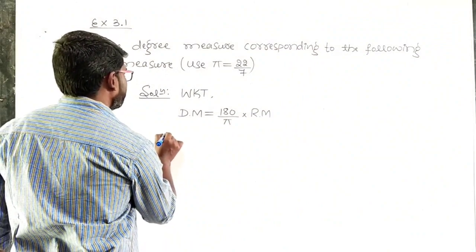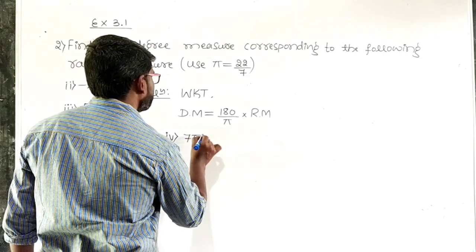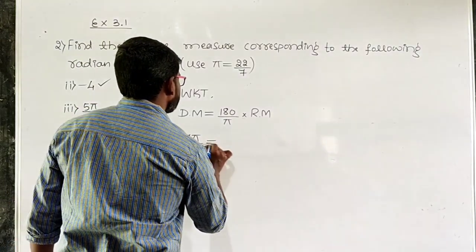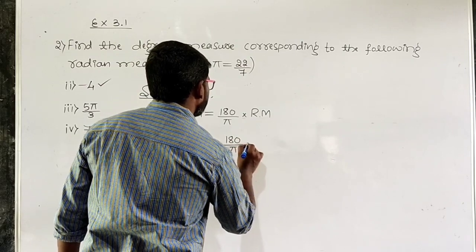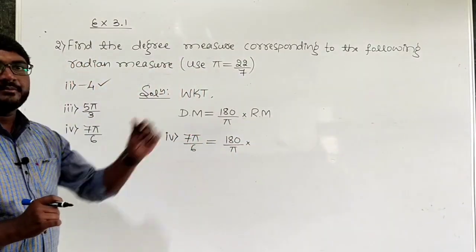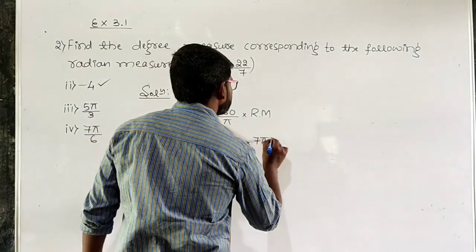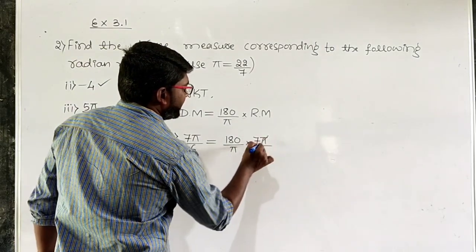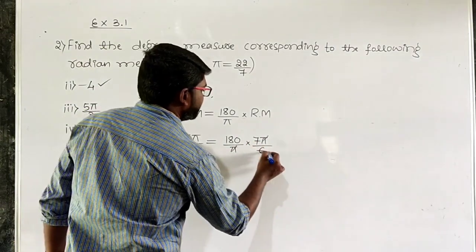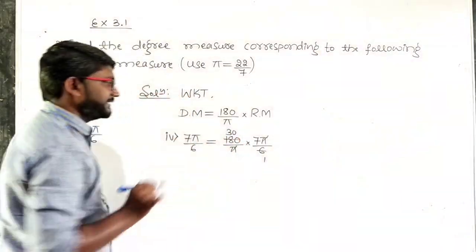We'll solve the Roman number 4. So it is 7 pi by 6 equals 180 by pi into the radian measure, that is 7 pi by 6. Now again pi and pi get cancelled. 6 ones are 6, 6 threes are 18, and 0 I write as it is.